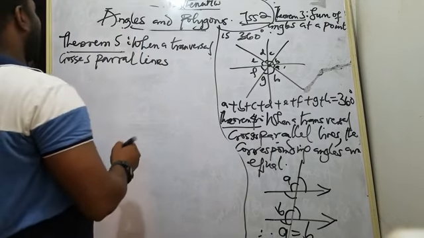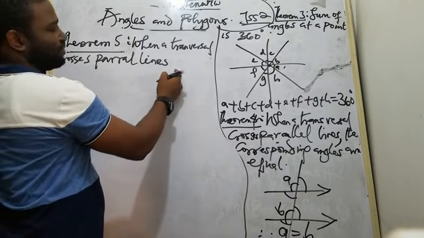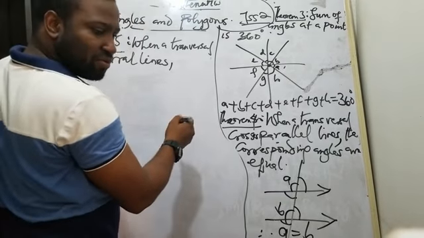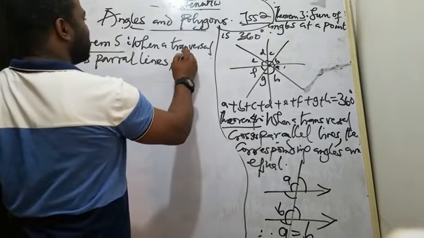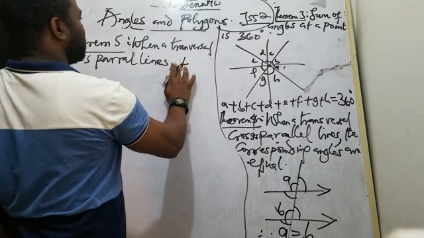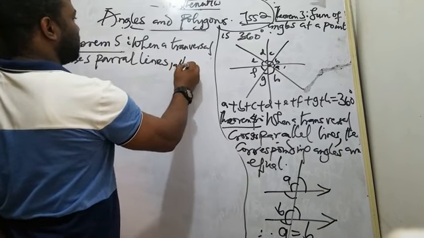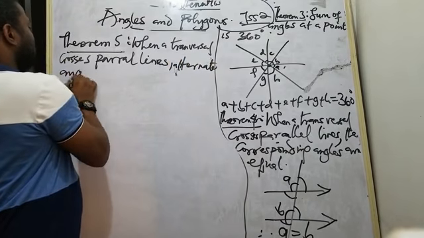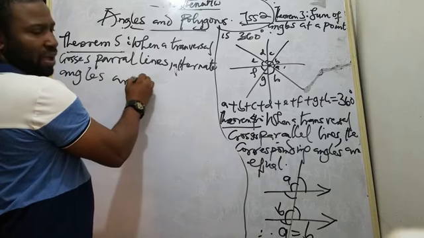When a transversal crosses parallel lines, then the alternate angles are equal.